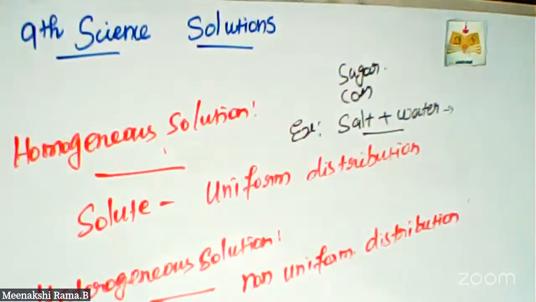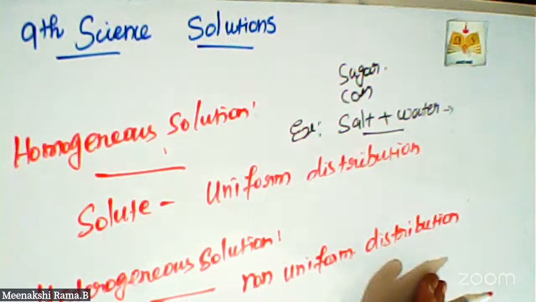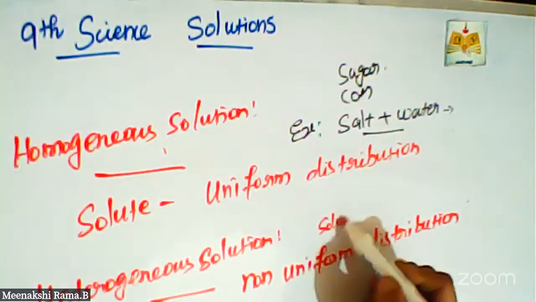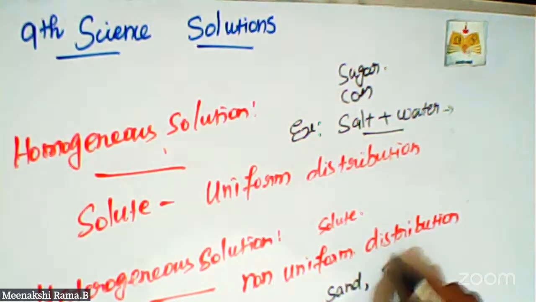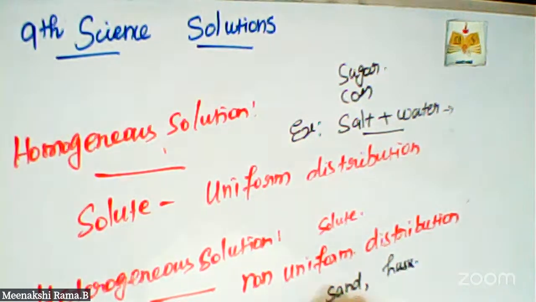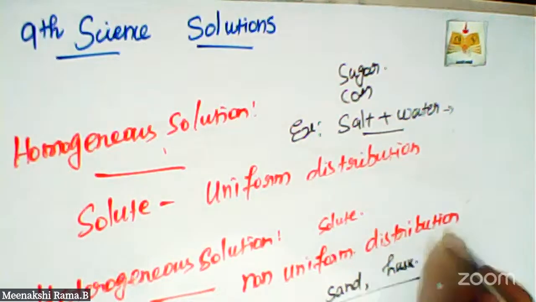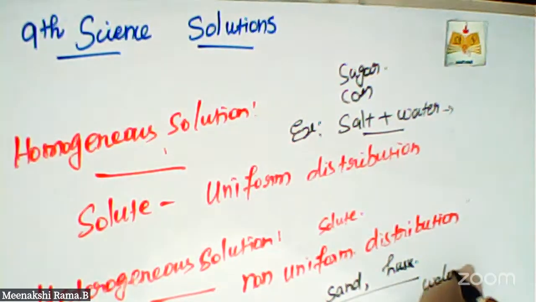And next one is heterogeneous, that is non-uniform distribution of solute. When we add some amount of sand or husk, these two are not dissolved in water. These two are the solute. Water is a solvent.